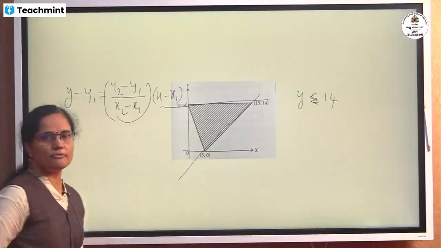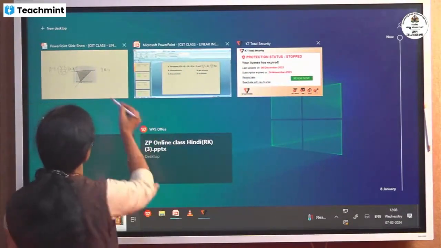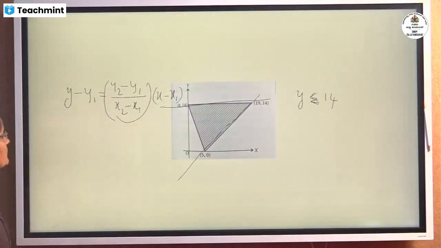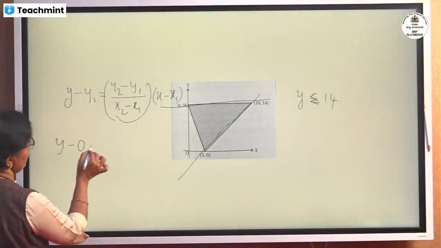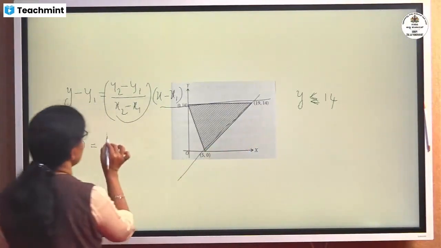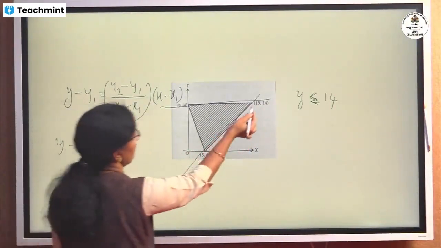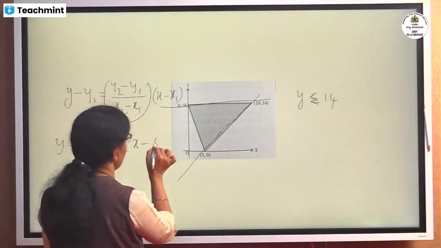So this formula you have to remember to form the equation. I will make the equation for these 2 points: y minus 0 is equal to 14 divided by (19 minus 5), that is 14, into (x minus 5).